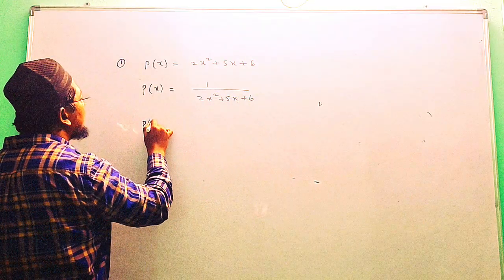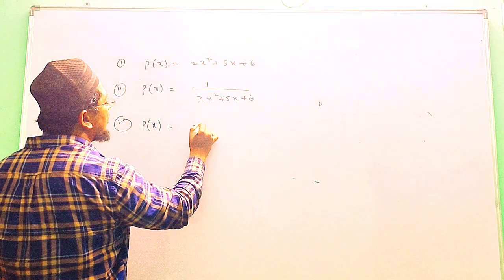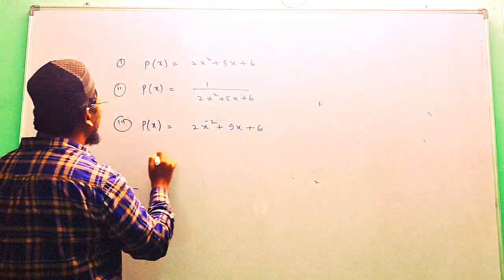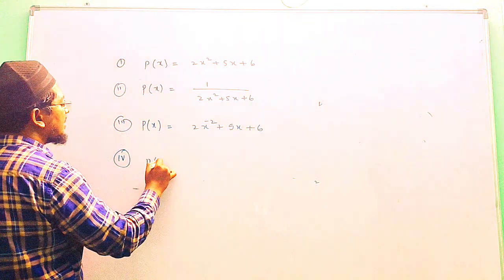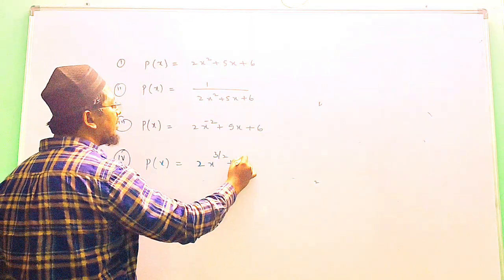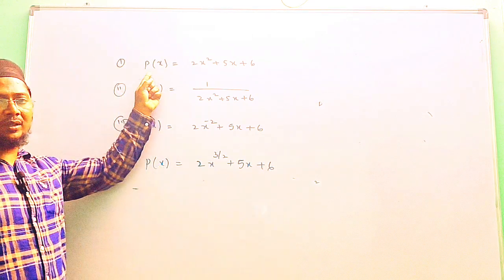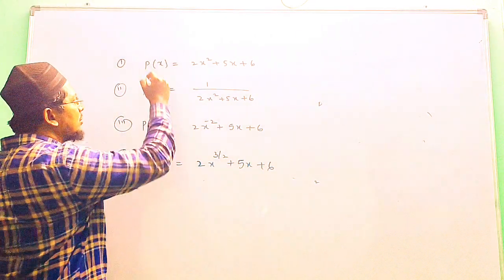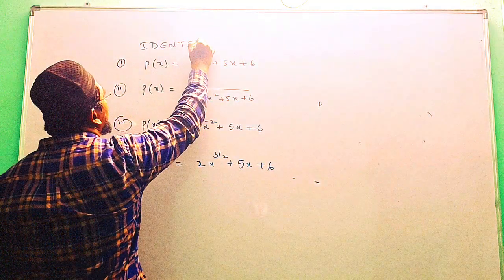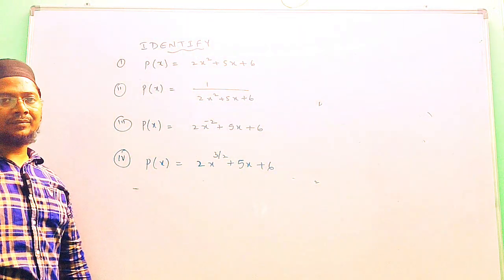Another example, p of x is equal to 2x power minus 2 plus 5x plus 6. Another example, p of x is equal to 2x power 3 by 2 plus 5x plus 6. So we have 4 examples. In these 4 examples, we have to identify which one is a polynomial.